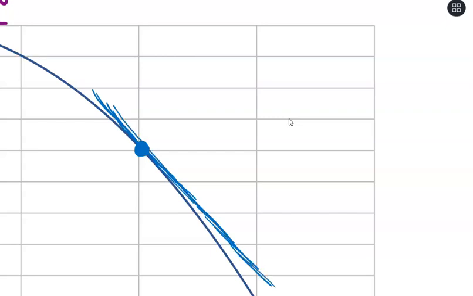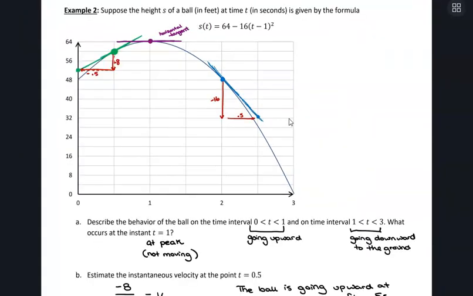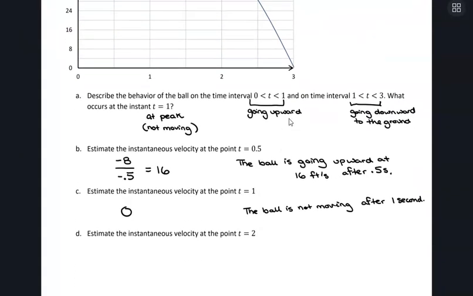Yeah, something like that to second coordinate. So let's see, that is down 16. And then to the right by 0.5. So for slope, we'll have a rise of -16, run of 0.5, so -32.